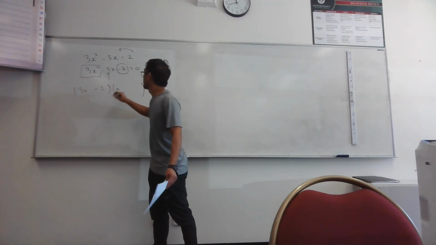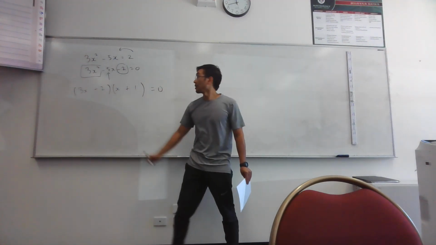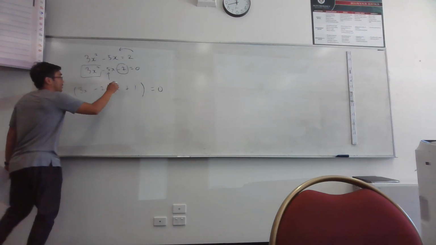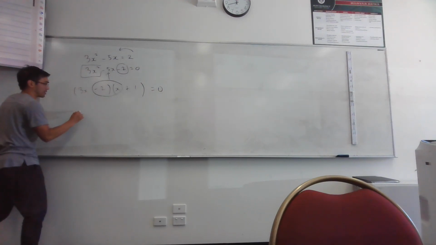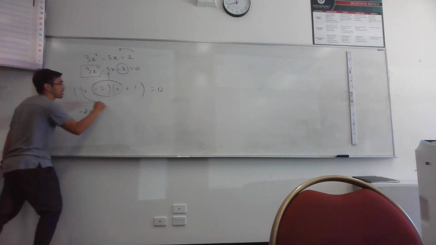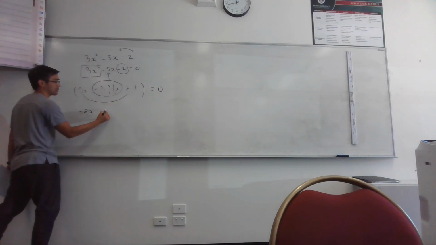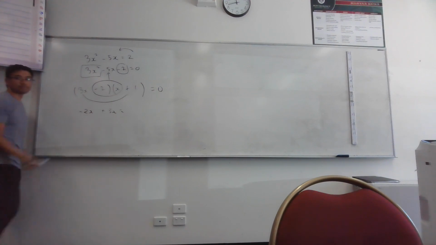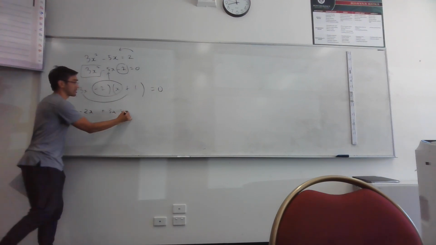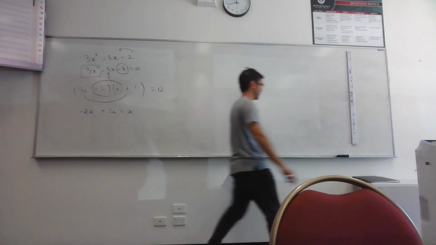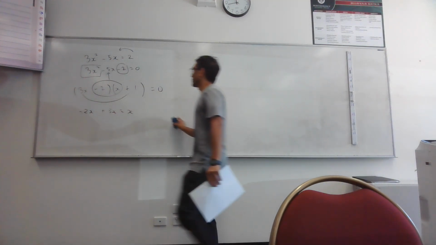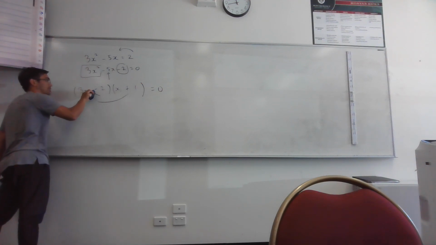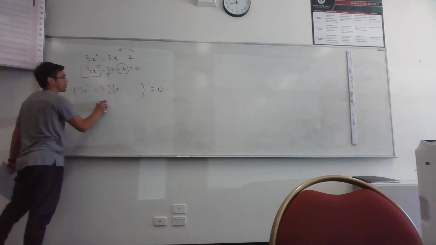Let's try this. In the middle is a -2x. On the side, 3x times 1 is a 3x. If I put them together, it's a plus x. Did that equal the middle term? No, it didn't. So sometimes you're going to have to experiment on your rough piece of paper. So that's not going to work.